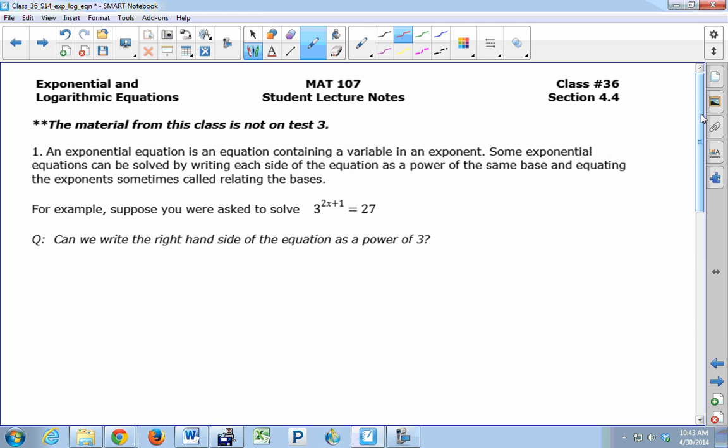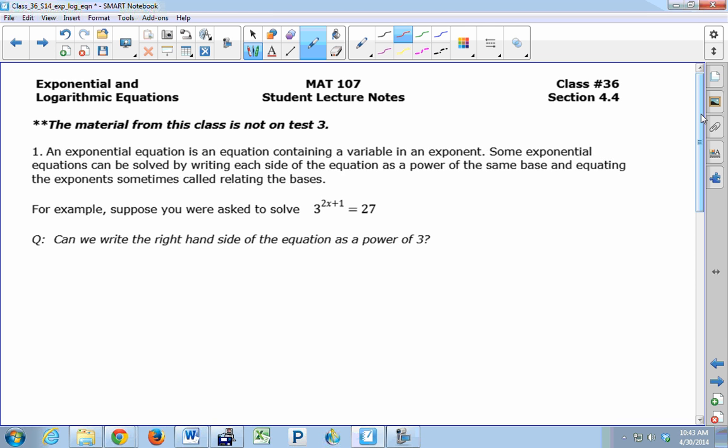You solve a linear equation by doing inverse operations to both sides. You add and subtract, you multiply and divide. You look at what's been done to x and you undo it. The same is true with these types of equations, because exponential and log functions are inverses of each other.